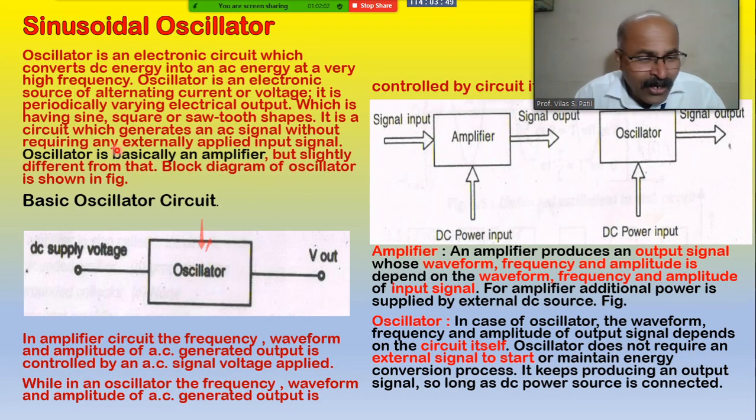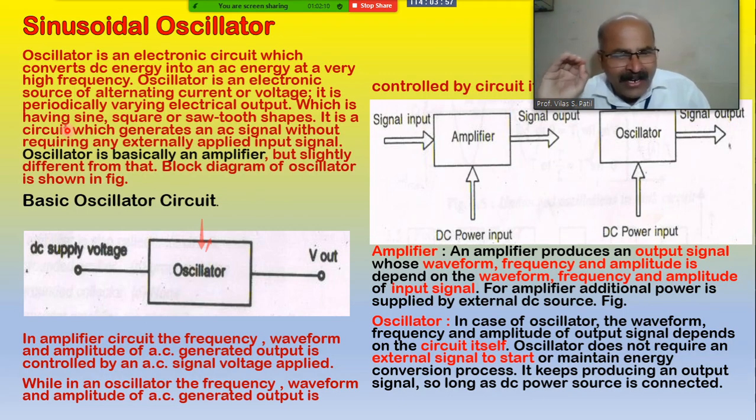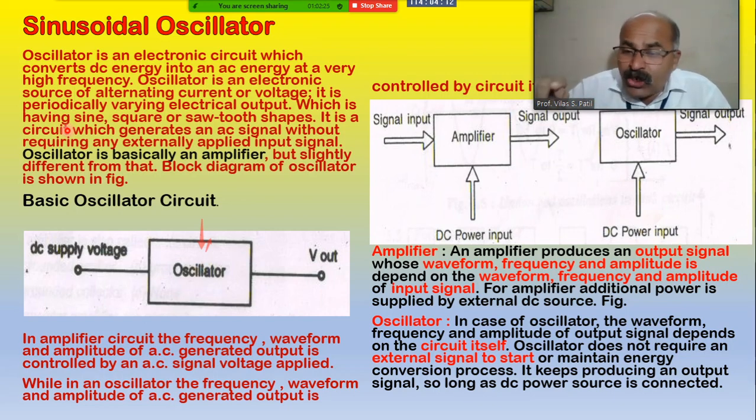See here, the oscillator is the electronic circuit or the source of the alternating current or the voltages, which is having sine wave, which is having the square wave, up and down square wave. It is having the triangular wave, or it is having the sawtooth wave.